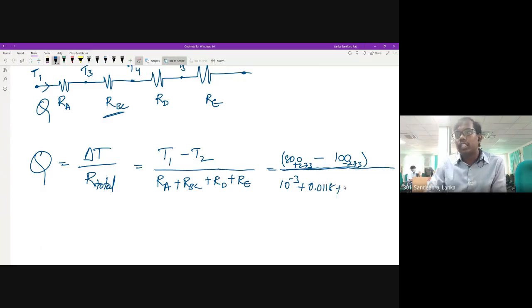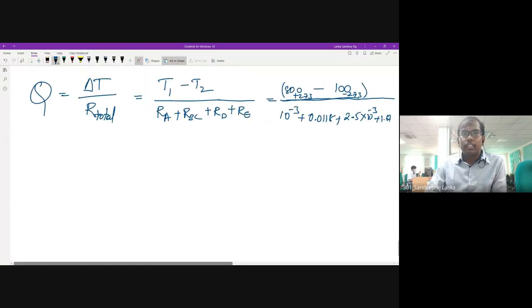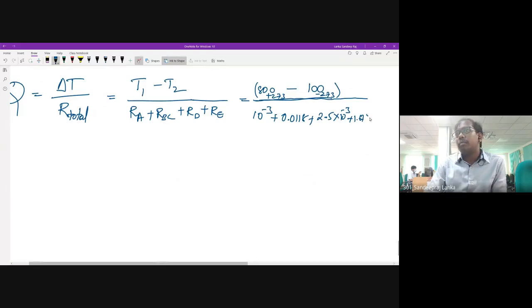What is RD? 2.5 into 10 to the power of minus 3 plus 1.67 into 10 to the power of minus 3. To solve this equation, you must have a calculator with you. I hope all of you are having calculators and solving along with me. That will be more than enough for your preparation. If you do it along with me, you'll have more clarity.